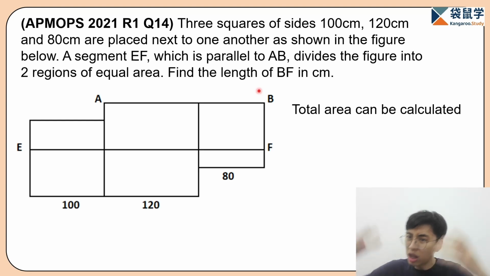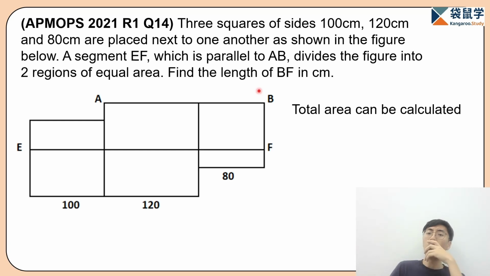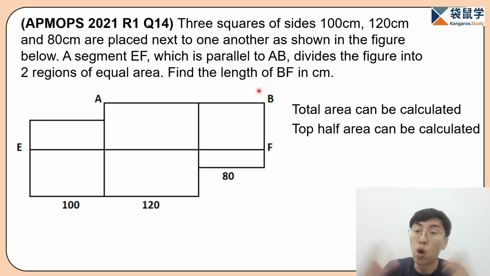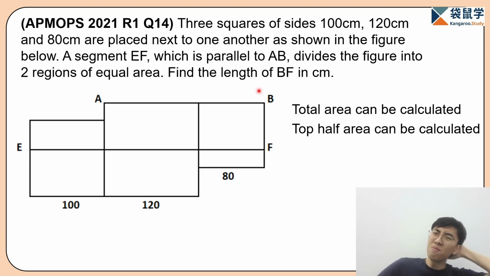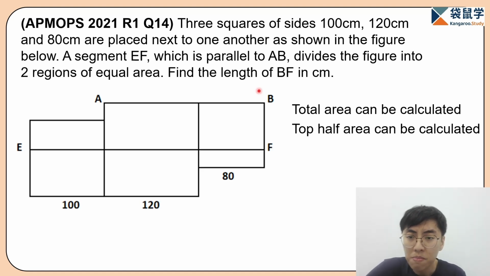And they're also saying that this line cuts it into two regions of equal area. So that means that we also know that half of the total area can also be calculated. But since we are asked to find the length of BF, there's still work to do. Let's do it step by step, shall we?